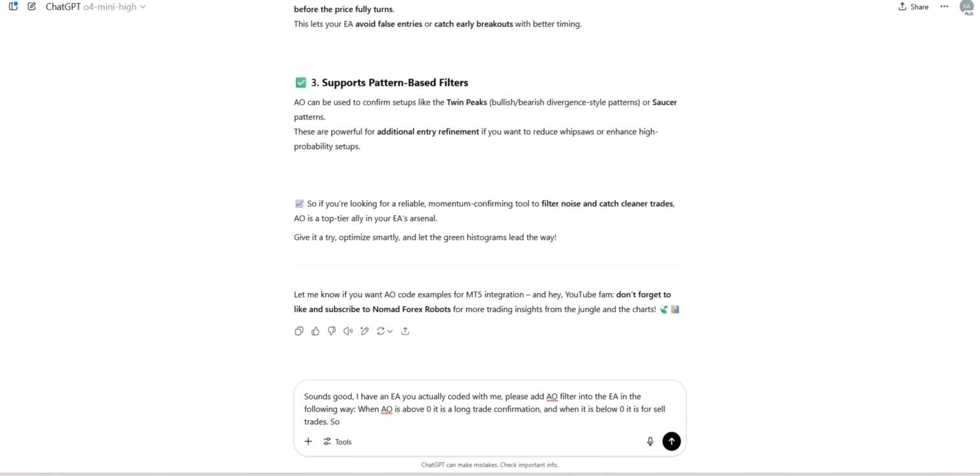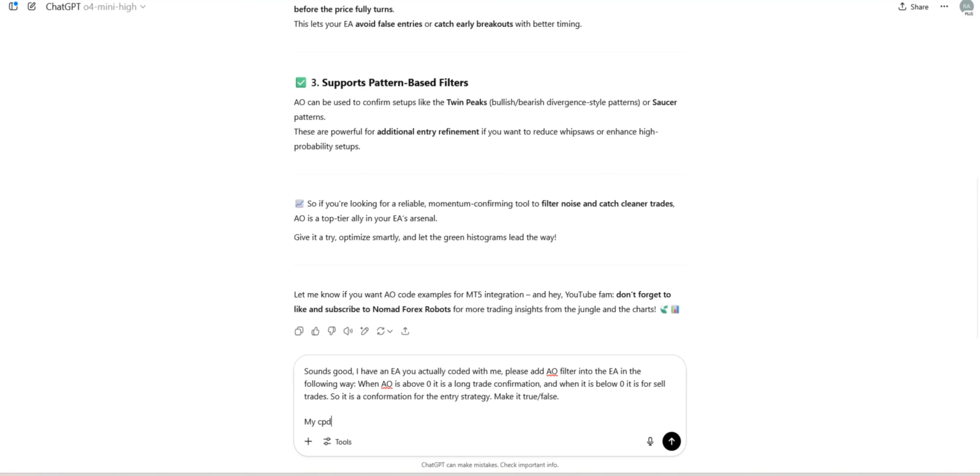So it is a confirmation for the entry strategy. Okay, now what we need is it to be a true or false feature. Make it true, false. My code.